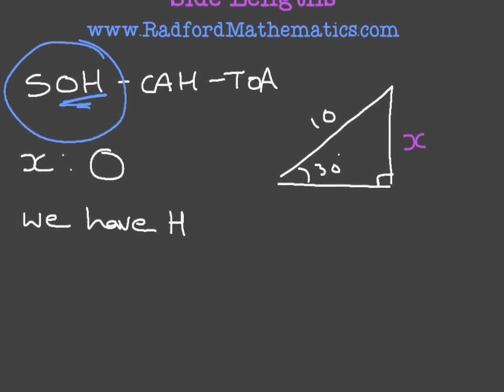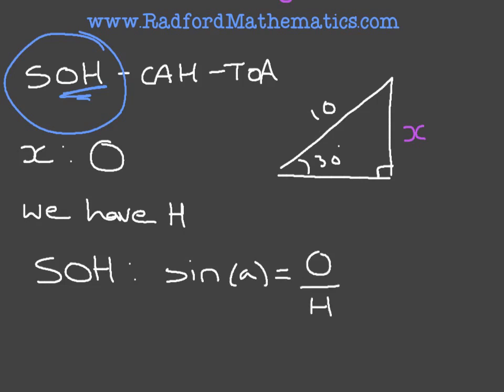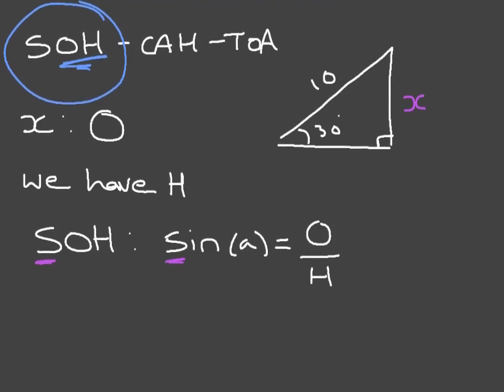What this tells us is that we're going to be using SOH. In other words, remember, SOH means that the sine of some angle A is equal to O divided by H, which was opposite divided by hypotenuse. And the S on sine, of course, is the same as the S in SOH. And this SOH allows us to choose the right trigonometric ratio to use.